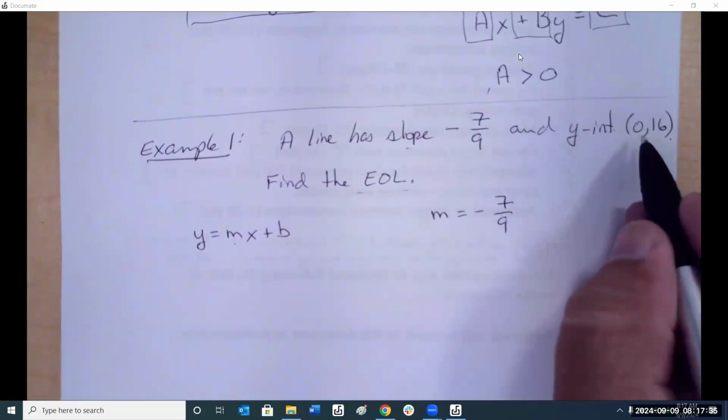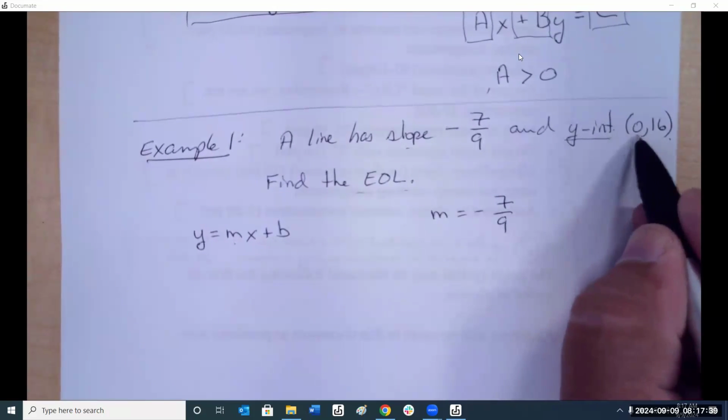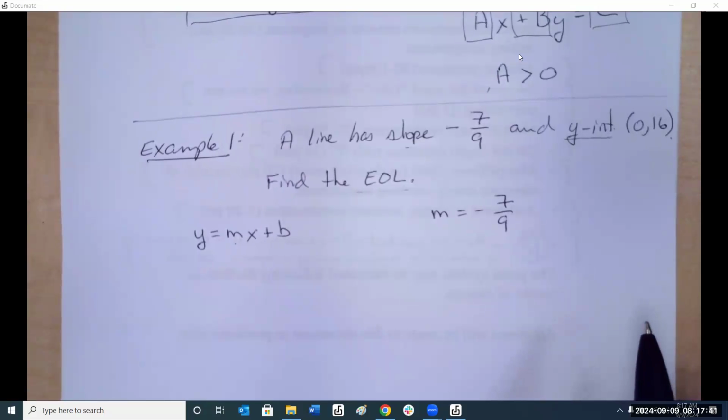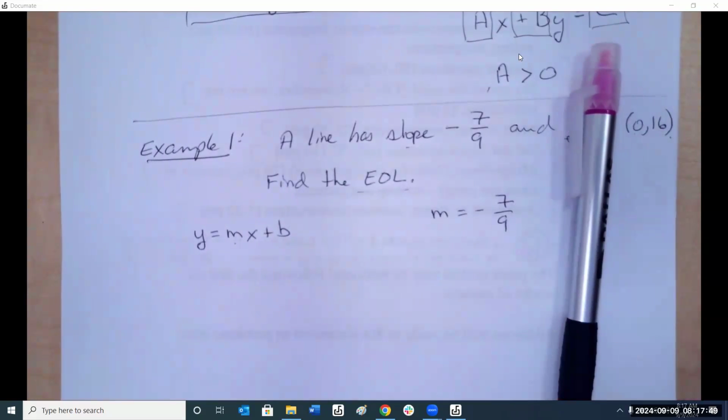And the y-intercept, notice, if I ask you for the y-intercept, it's 16. Why is it the y-intercept? How do we know that's the y-intercept? Because the x is 0. Remember, to find the y-intercept, we set x equals 0 and solve for y.